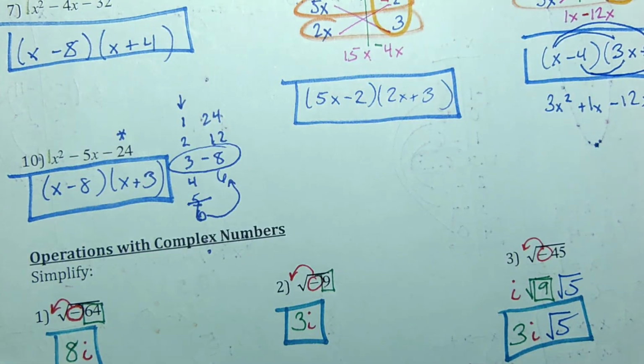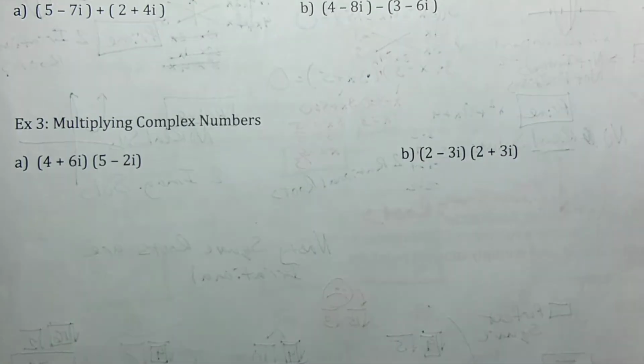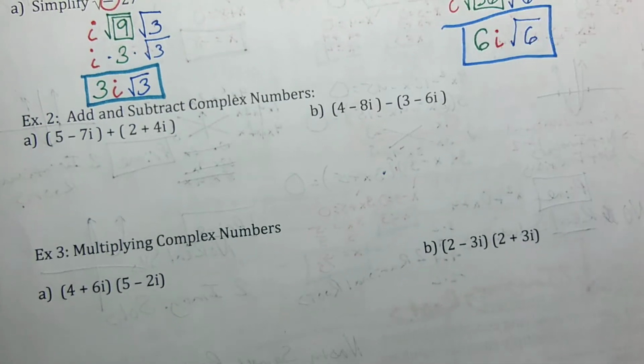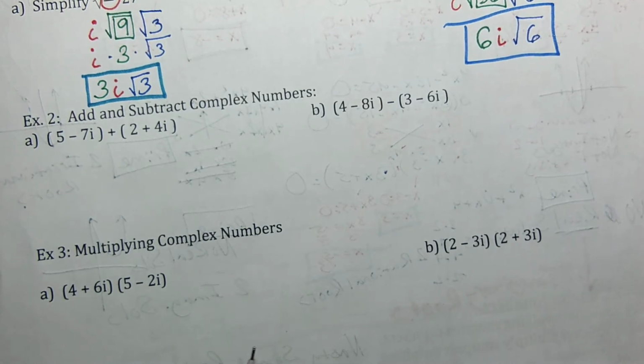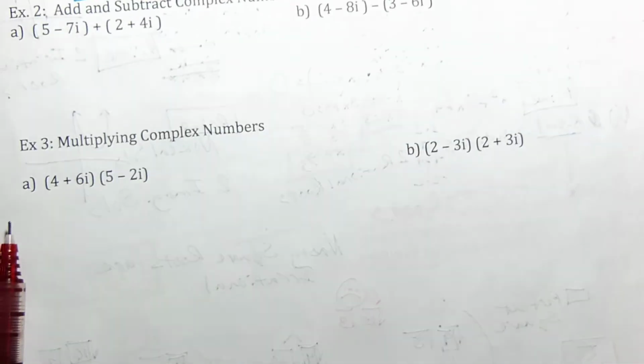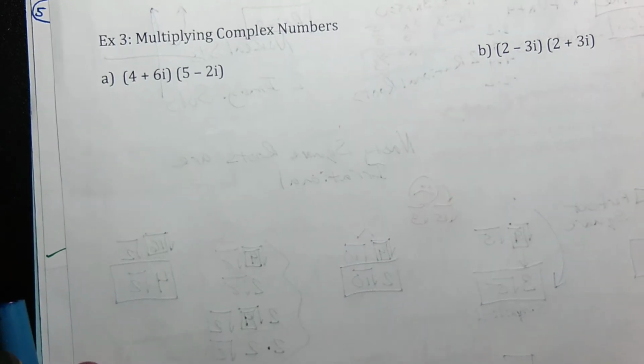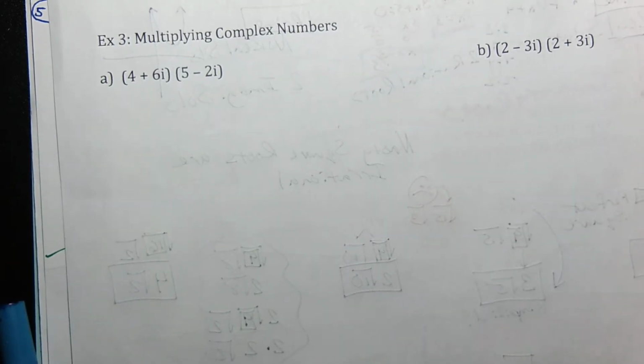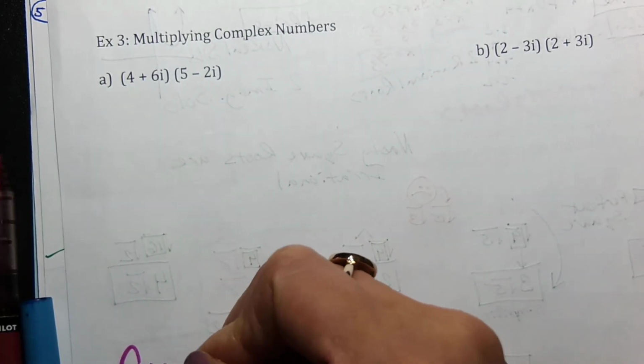So folks, we're going to go back into the notes, and we're going to see how we can add and subtract complex numbers. What I would first like you to write down below all of these problems is complex form.